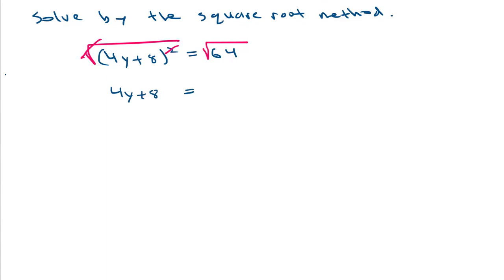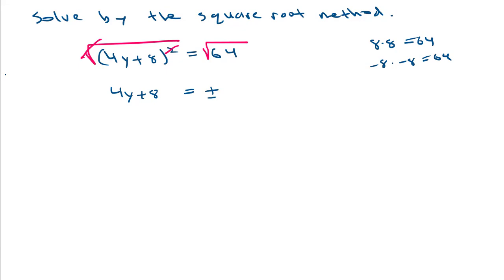Now we need to be careful. We know that the square root of 64 is 8, but since we're dealing with an equation that has a power of 2, we also have to address the other possible solution, which is negative 8. Because 8 times 8 is 64, and negative 8 times negative 8 is also 64. So we need to address both equations.